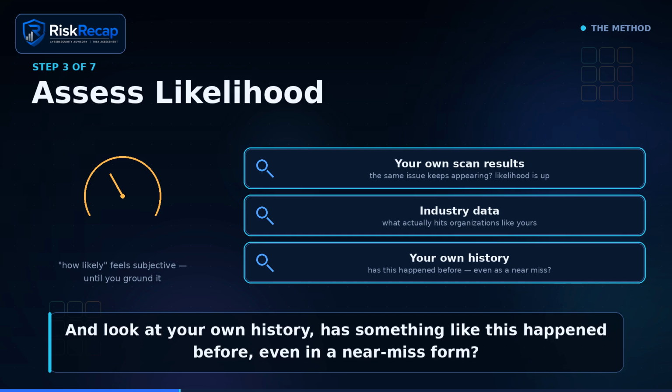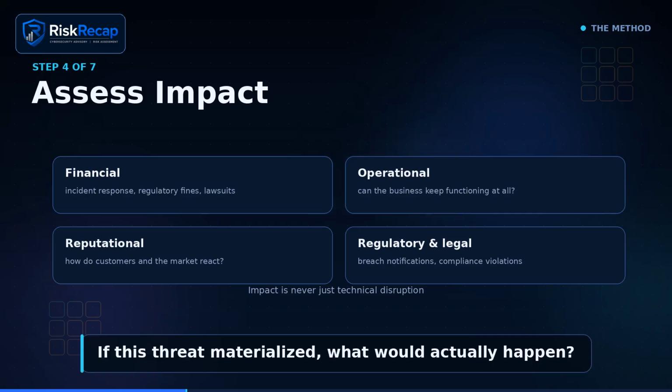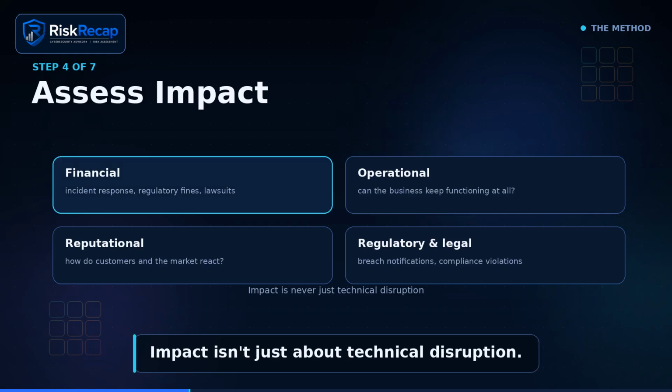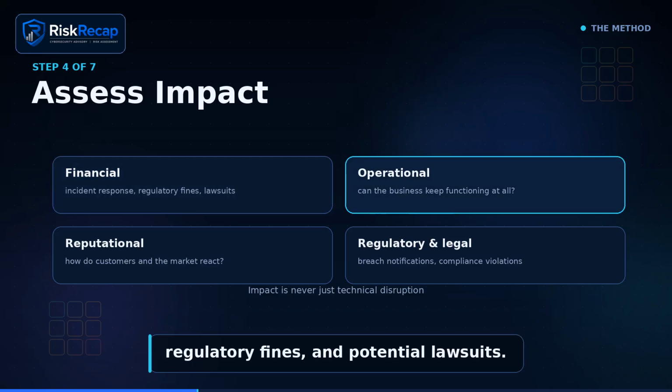Step 4 is assessing impact. If this threat materialized, what would actually happen? Impact isn't just about technical disruption. Think about it across multiple dimensions: financial impact, direct costs like incident response, regulatory fines, and potential lawsuits.